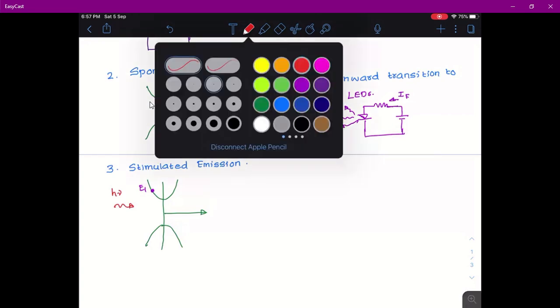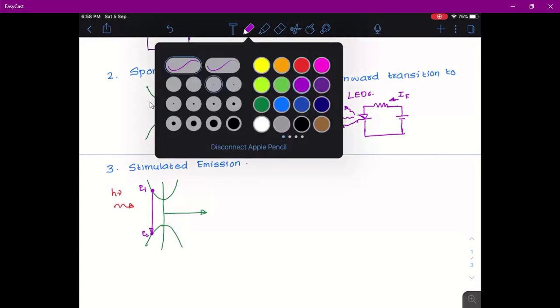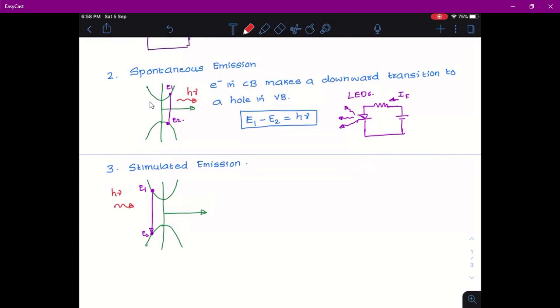Now because of this photon incidence, the electron will jump from E1 to E2, which is in the valence band, and it will produce another photon of h nu along with the incident photon, because already the electron is at a very high energy level. You are again supplying energy using a photon.